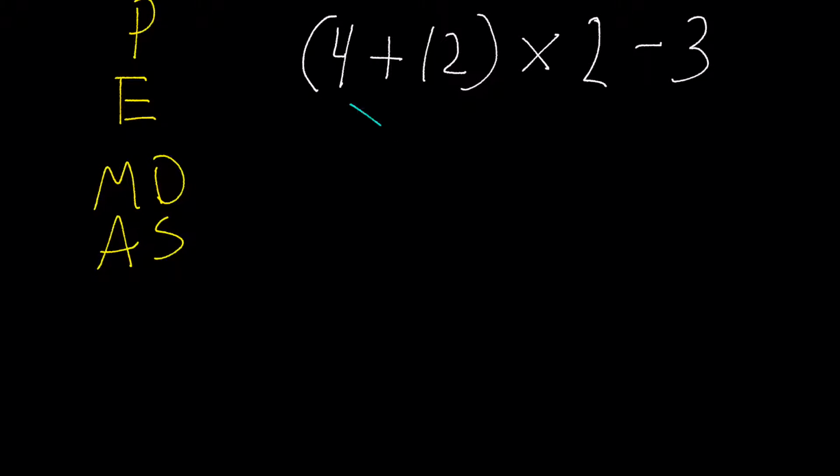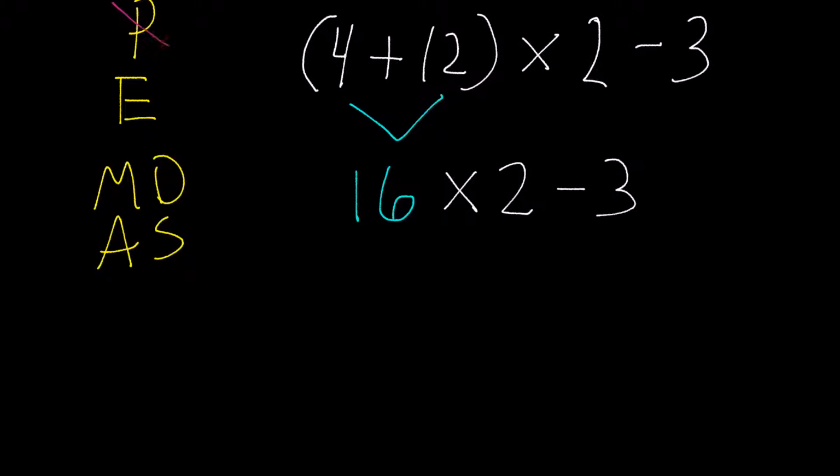So let's do a little arrow. 4 plus 12 is 16. And since addition was the only thing inside those parentheses, after I solve that part, I don't have to put the parentheses back in. I could, but it would just look silly. So we have 16. Now we rewrite the parts we haven't used yet. Times 2 minus 3.